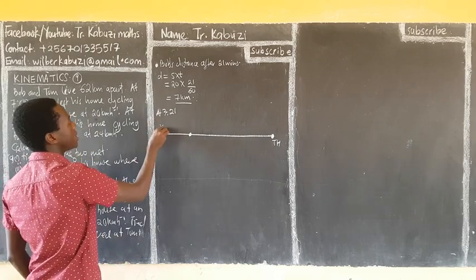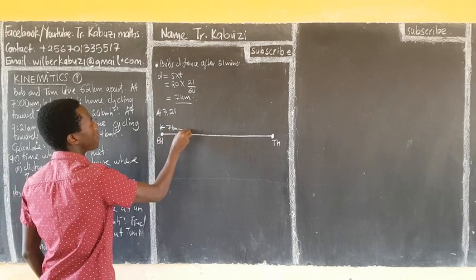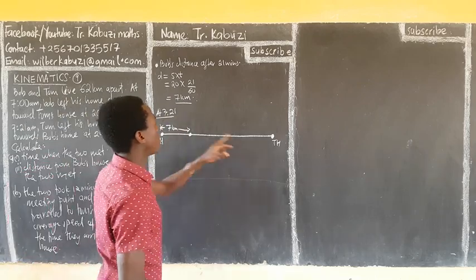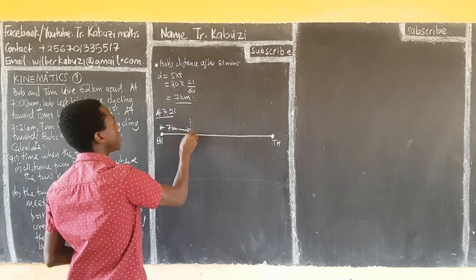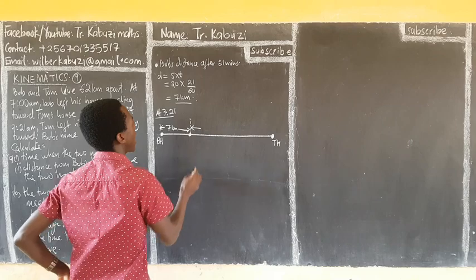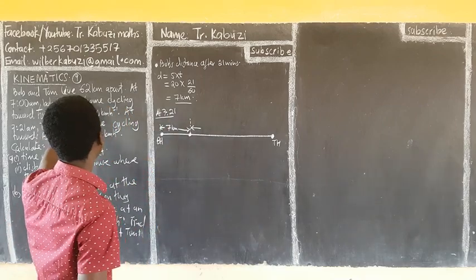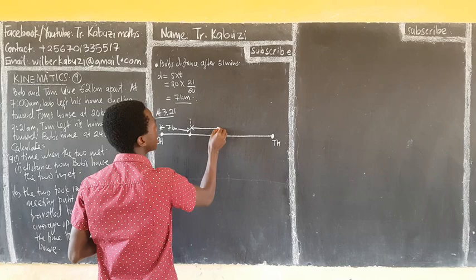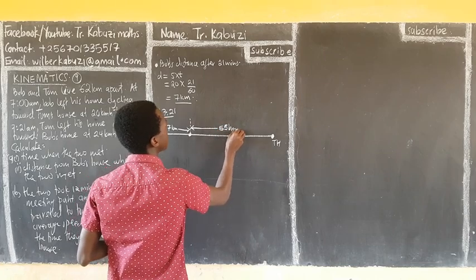Tom was still at his house, so the remaining distance between them is 62 minus 7, which is 55 kilometers.